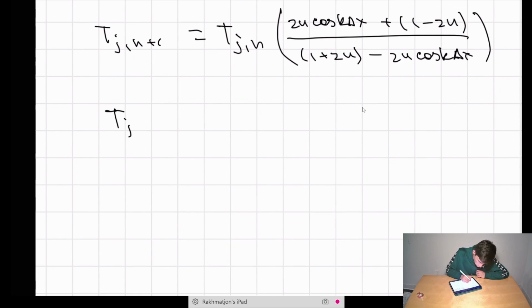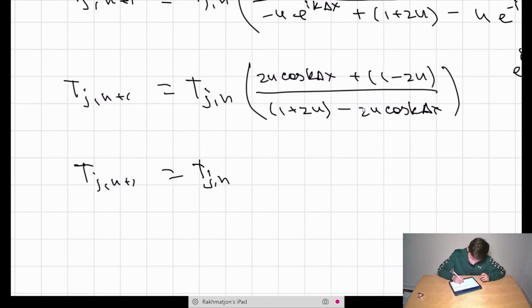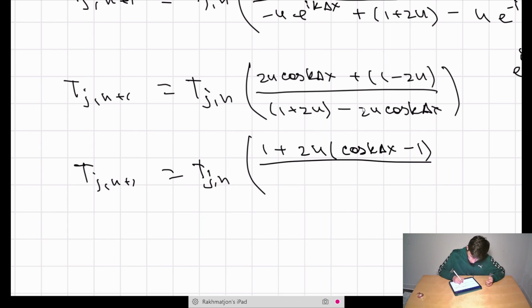We're basically working with something inside of the parentheses. If I want to manipulate them to change how it looks, I can factorize 2u from the equation so that it becomes 2u times cosine of k delta x minus 1, and the denominator becomes 1 plus 2u times 1 minus cosine of k delta x.